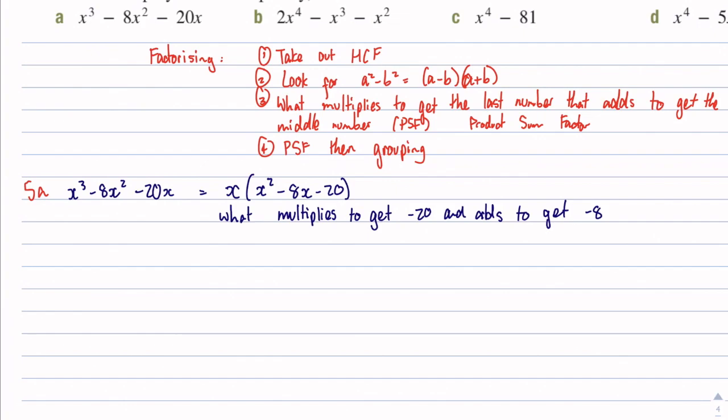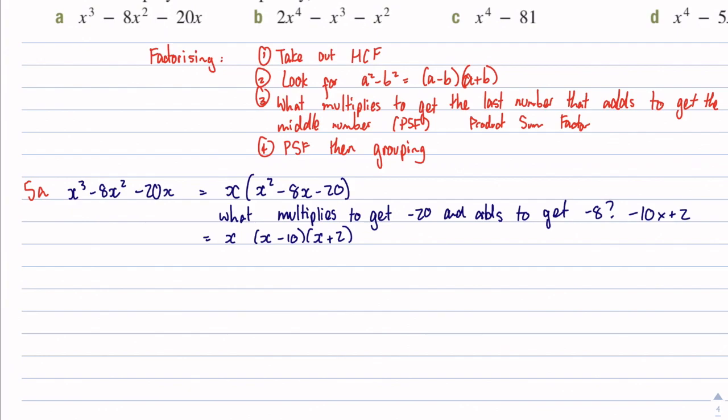Well, negative 20 is negative 10 and positive 2, not 8, 2. So this means I've got x take 10, x plus 2. Because negative 10 times positive 2 is negative 20, and negative 10 plus positive 2 is negative 8.